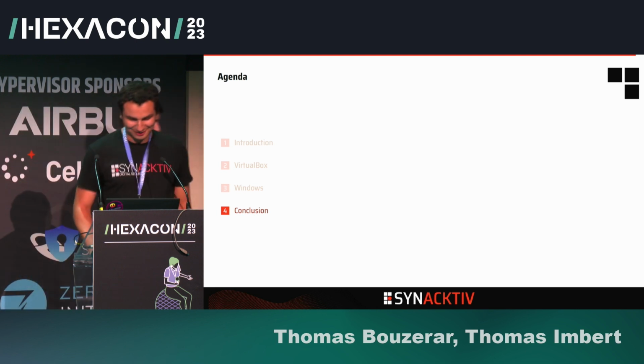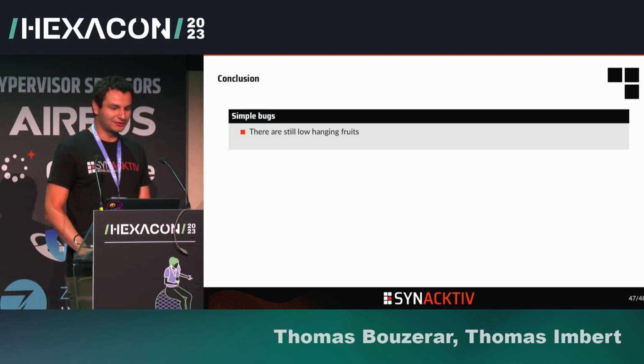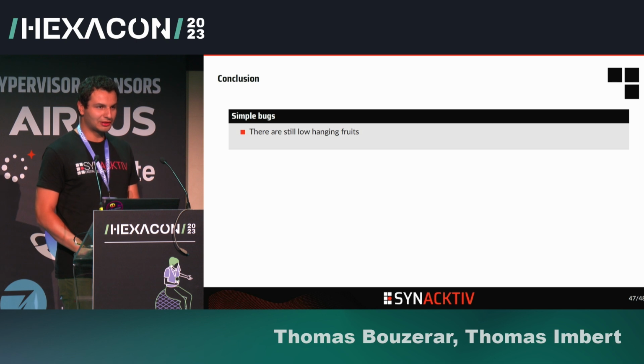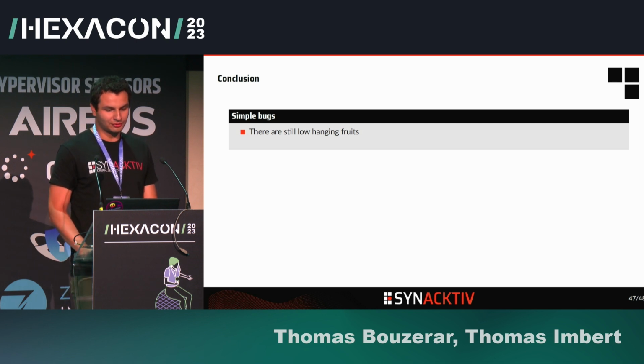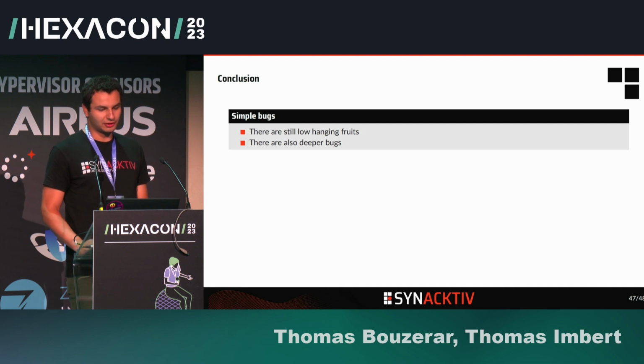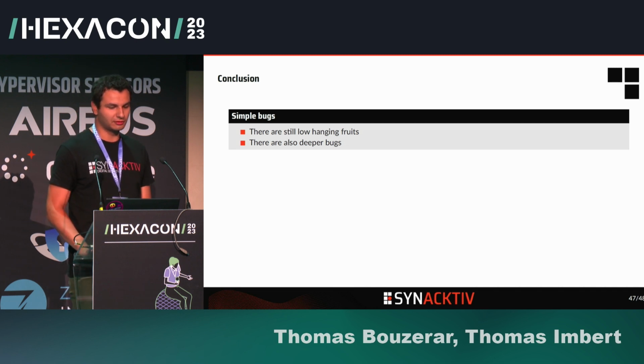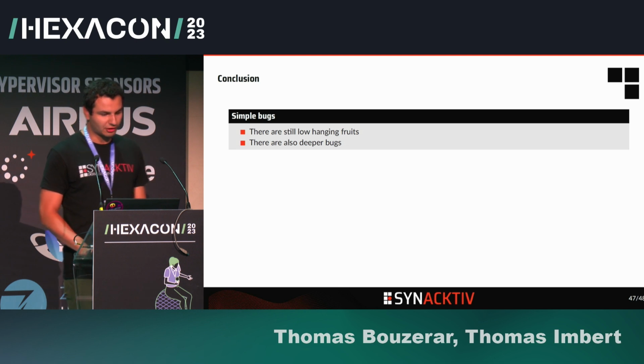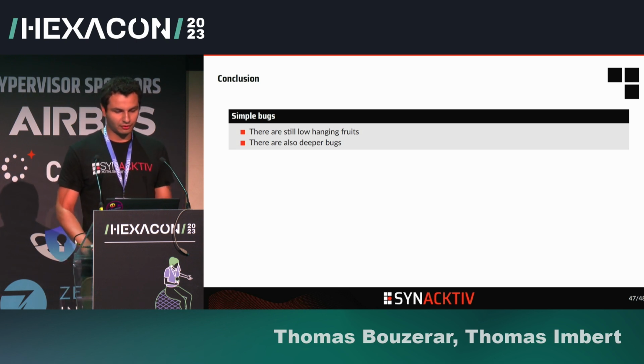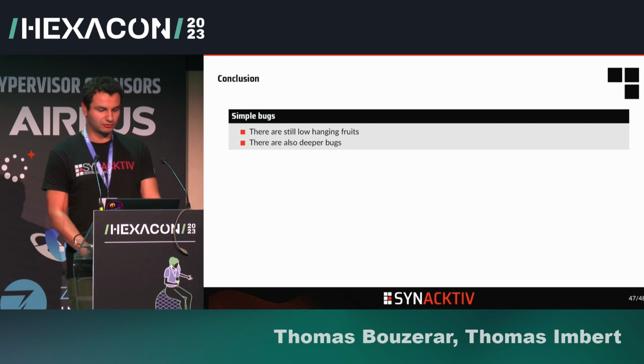Okay. Thank you. So to conclude, we had quite simple bugs. We had a few low-hanging fruits, but we had to find them in the right places. So while the bugs themselves were quite simple, we still had to dig in either the drivers or, in the case of VirtualBox, the low-level APIs to find them.